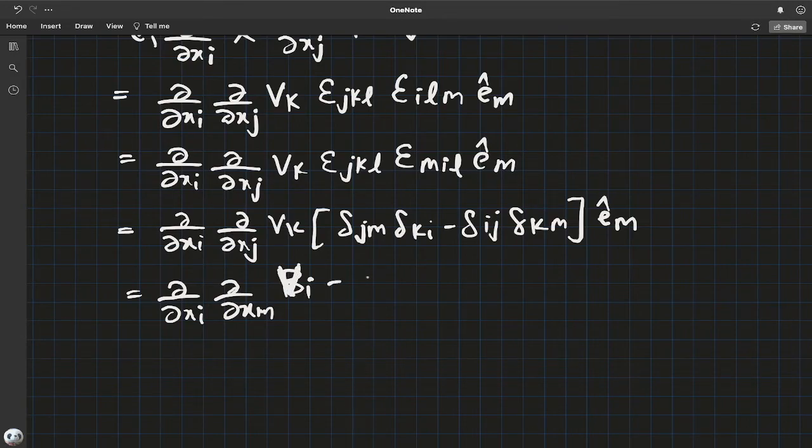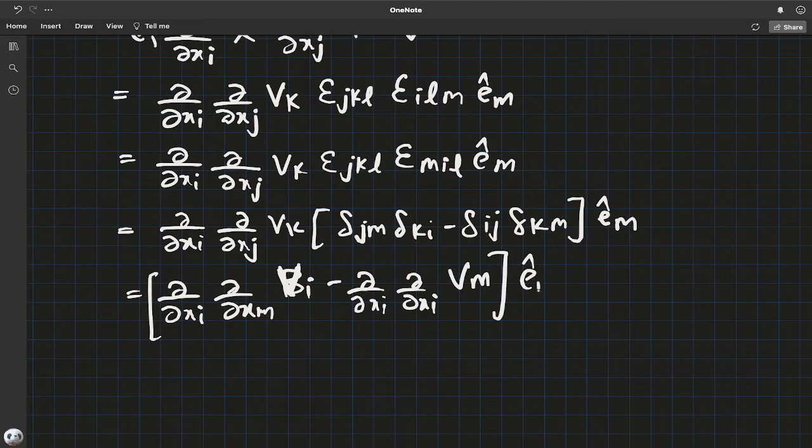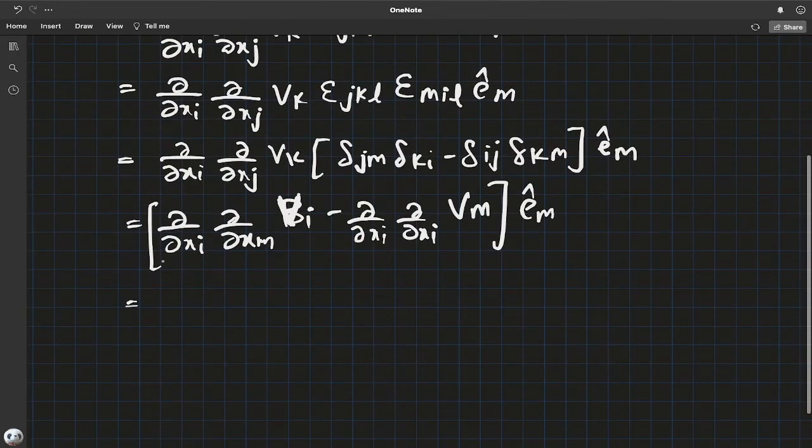Vi minus partial xi Vm em hat. So now you can interchange the partials. Notice we have a partial xi Vi, which will become the divergence of V, and we have a partial xm with the em.